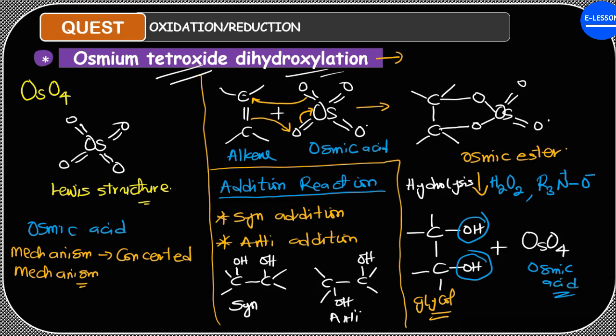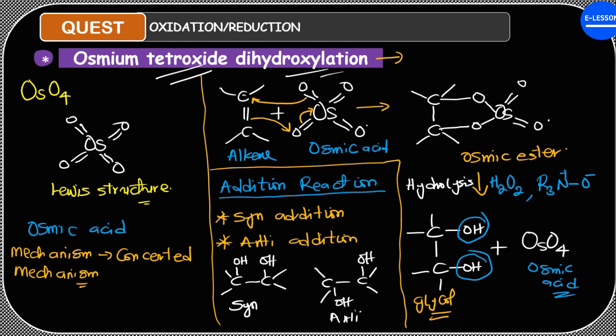So if they ask you, give and explain the process of hydroxylation or dihydroxylation of alkene using osmium tetraoxide. First of all, the alkene reacts with the osmic acid to form the osmic ester, right? In a concerted mechanism.